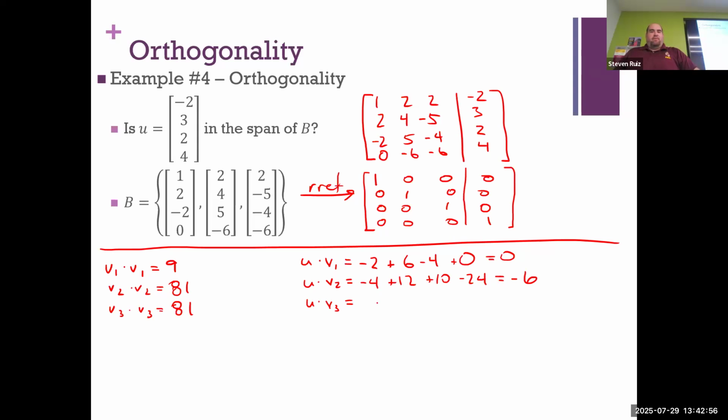And then U dot V3: -4 minus 15 minus 8 minus 24. Can we agree on all these dot products?